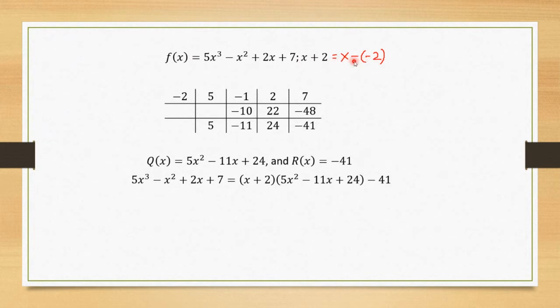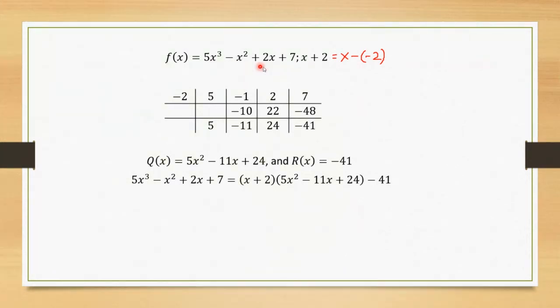So the negative 2 goes here. The coefficients go here. You can see that the polynomial, the dividend, is already in standard form.